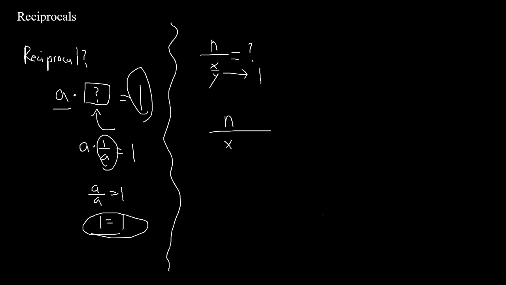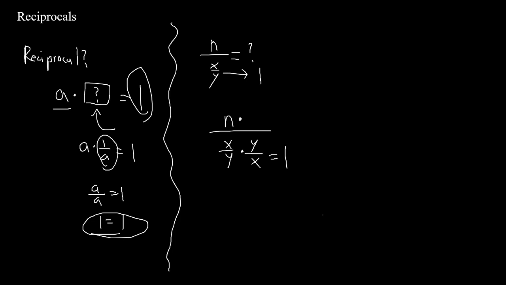One number multiplied by x over y is going to be equal to 1. Well, we already answered this question. It's y over x. The reciprocal of a rational number x over y is just going to be y over x. And this is going to make the denominator 1.